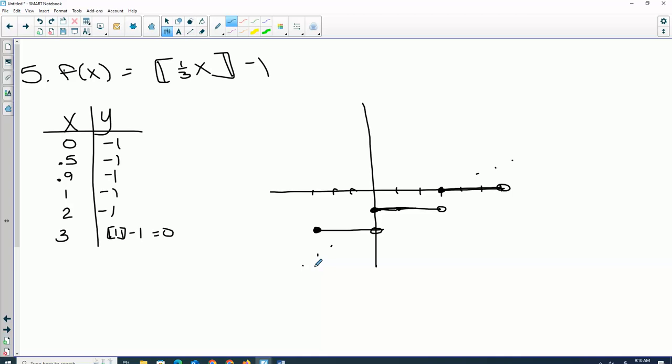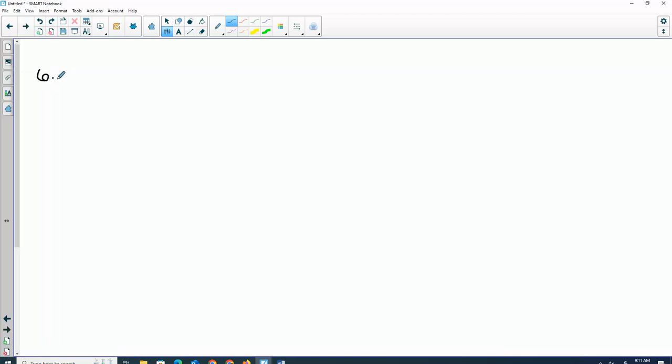Okay. Number 6. We're still having a little trouble with these piecewise functions. At the end, remember, this is a function, so it has to pass the vertical line test. If you're looking at your graph and it fails the vertical line test, you've made a mistake somewhere.